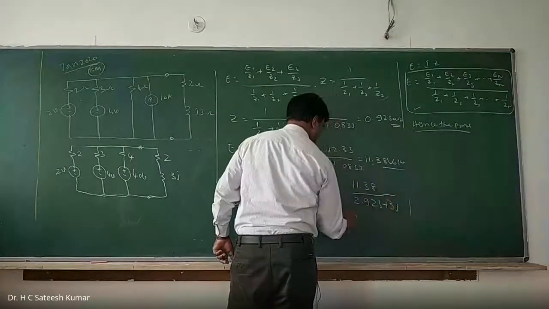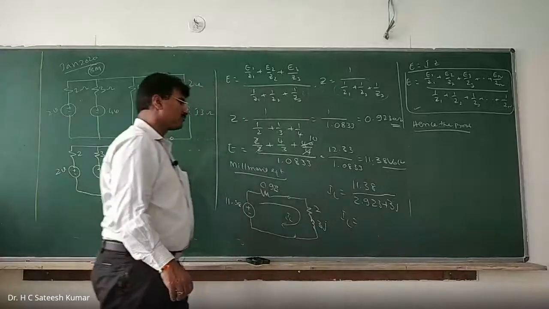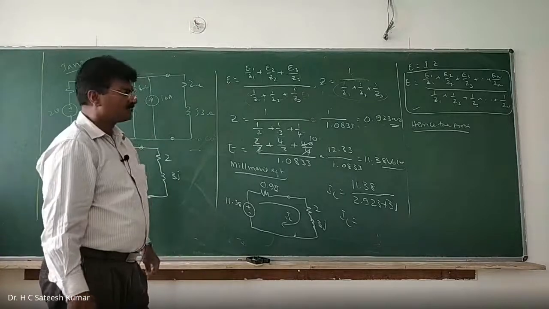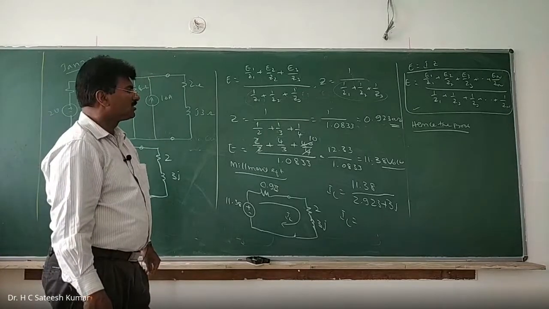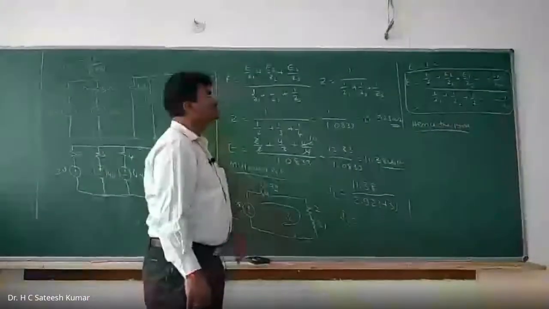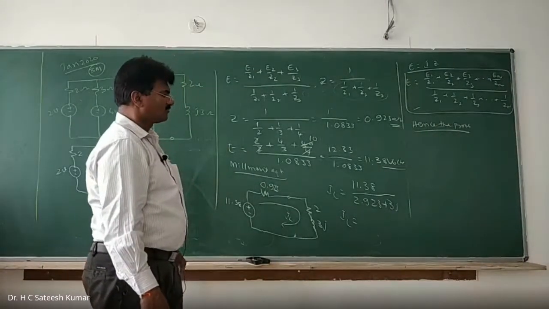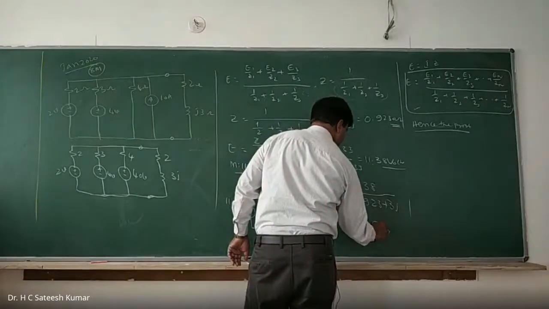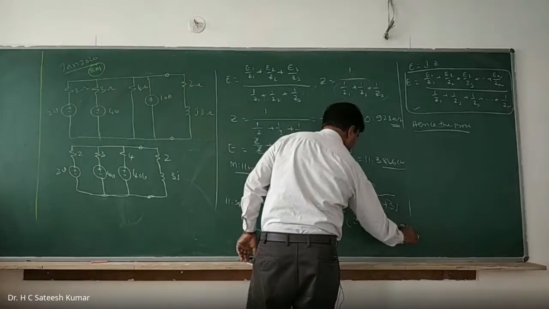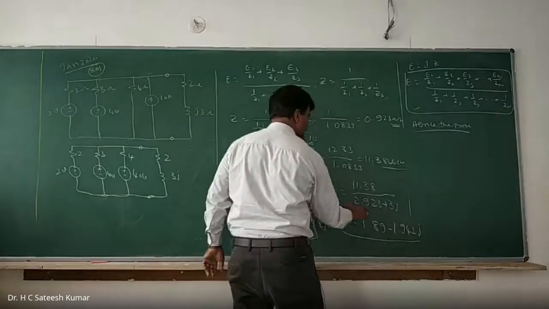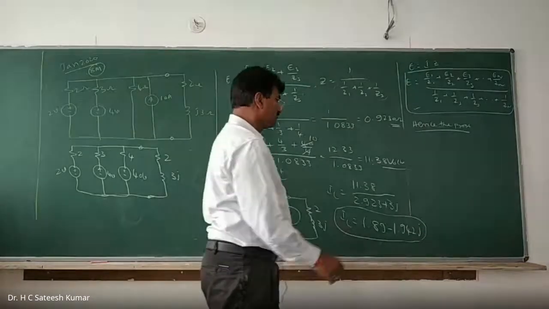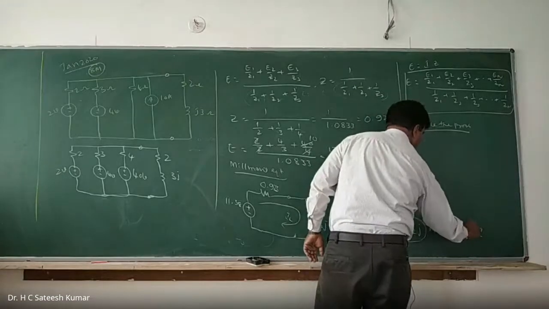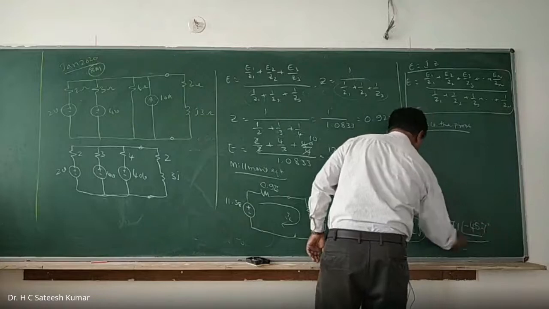How much is this, madam? 1.89, 1.94 J. If you want, you can convert it into polar. 2.71 at an angle of minus 45.7 degrees. That's all.